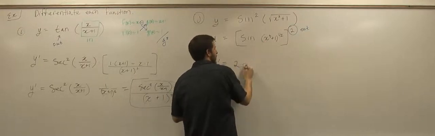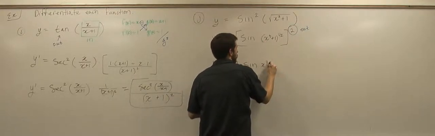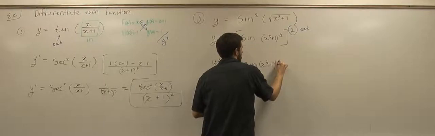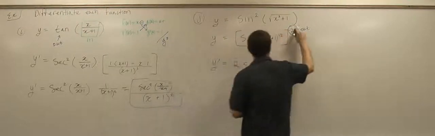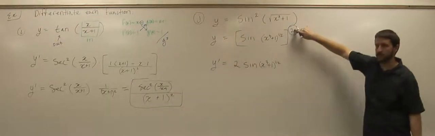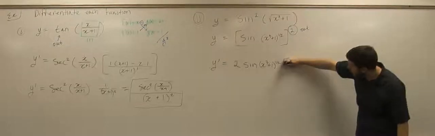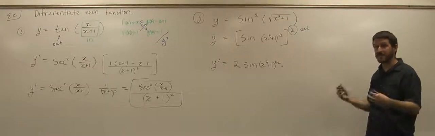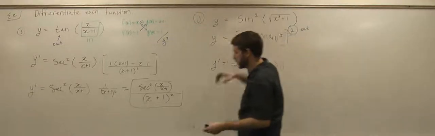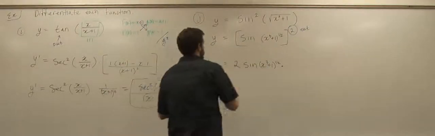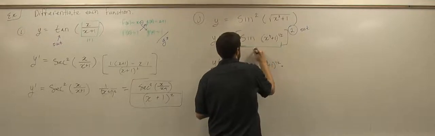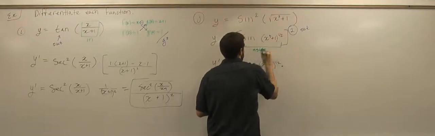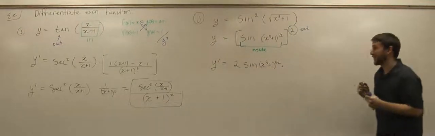Rewrite the exact inside, sine of x cubed plus 1 to the 1/2, all to the first power, multiplied by the derivative of the inside, the derivative of all of this, which is going to need 2 steps at least.